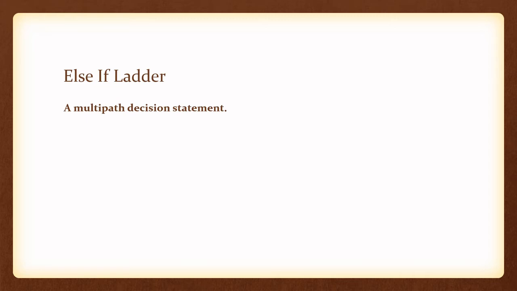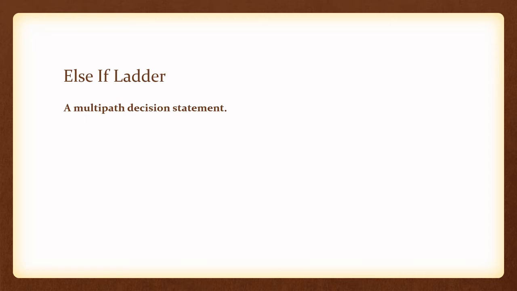In other words, we can say else if ladder is a multi-path decision statement in which you are going to check the conditions in the else part. If you take the if else statement, if that condition is true, then the true block will be executed. If that condition failed, then automatically your program control comes to the else part only.